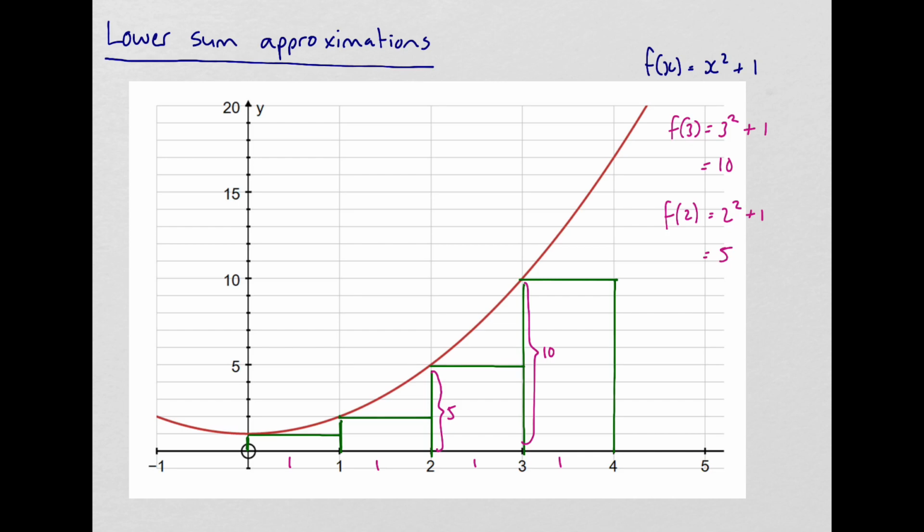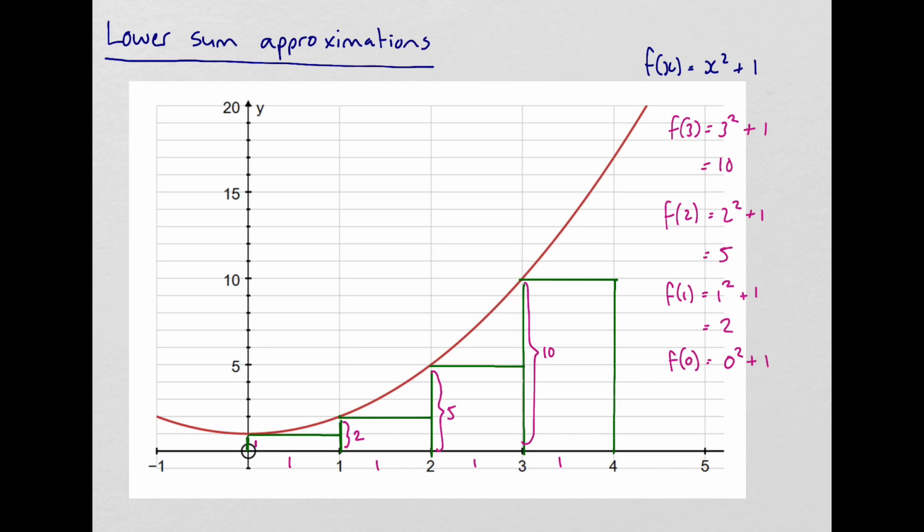So when x is 1, f of 1 is equal to 1 squared plus 1, which is 2. Okay, so this height here is 2. And then lastly, we're going to look at when x is 0. Okay, so when x is 0, we end up with 0 squared plus 1, which is just 1.